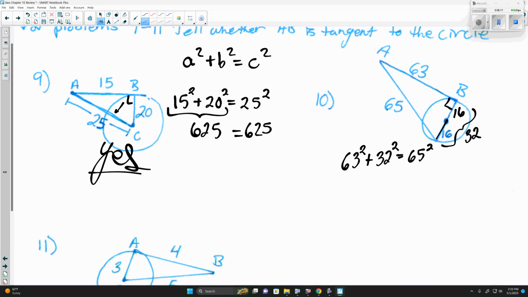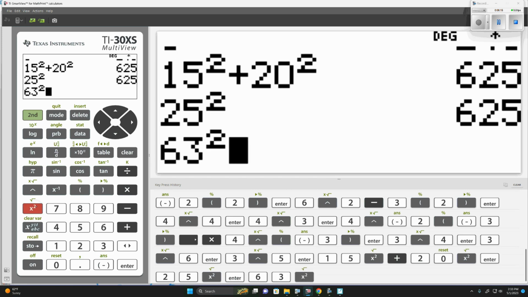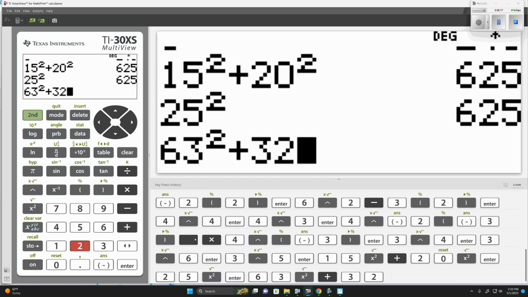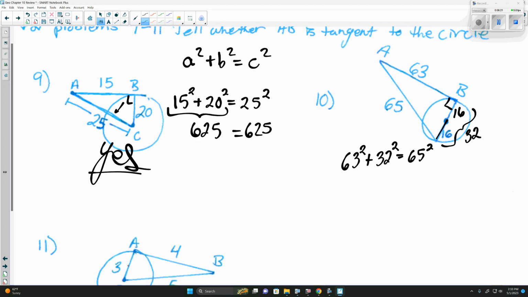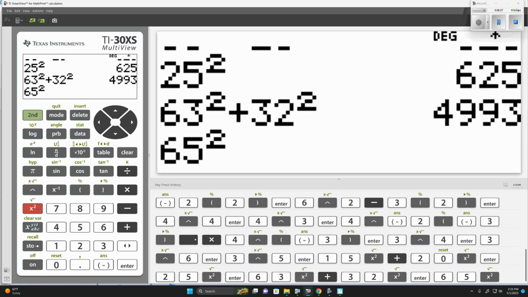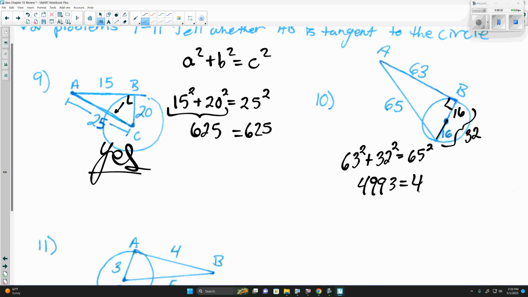Now we can plug this into the calculator. 63 squared plus 32 squared is 4,993. Then 65 squared is 4,225. Are these the same? No, so not tangent.